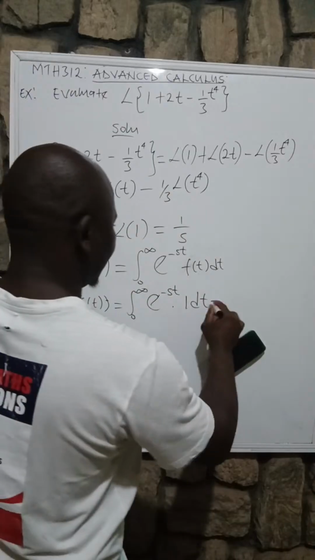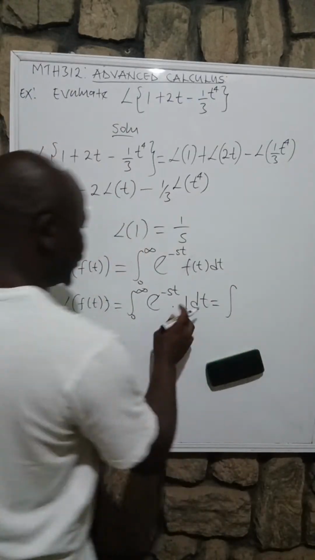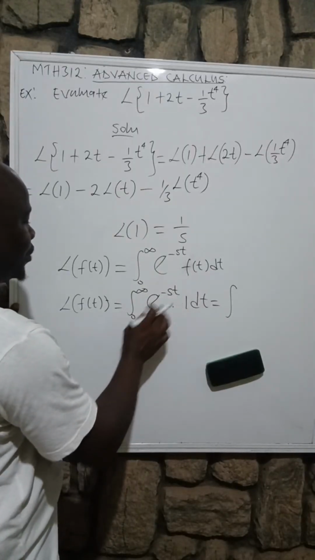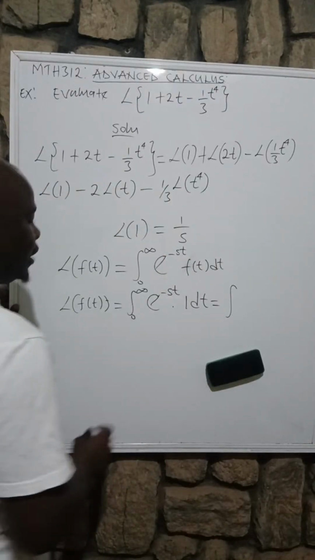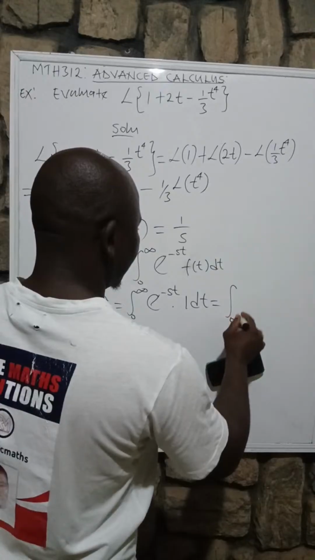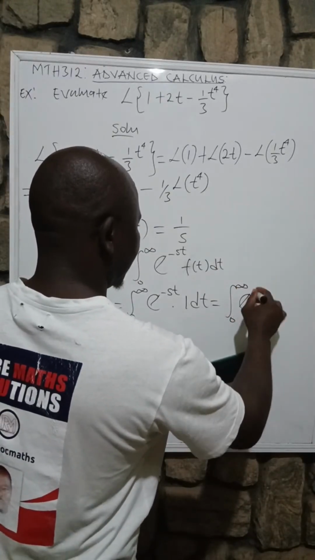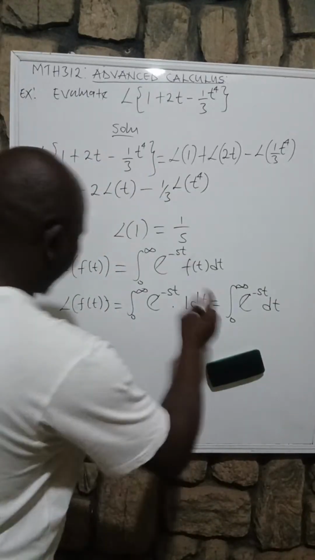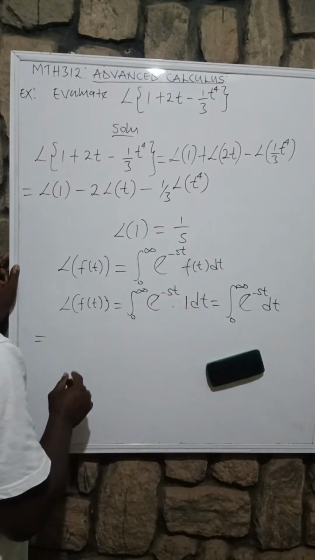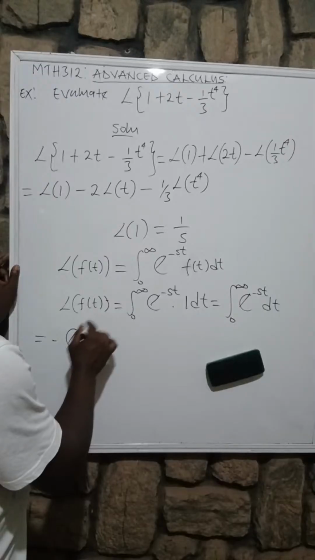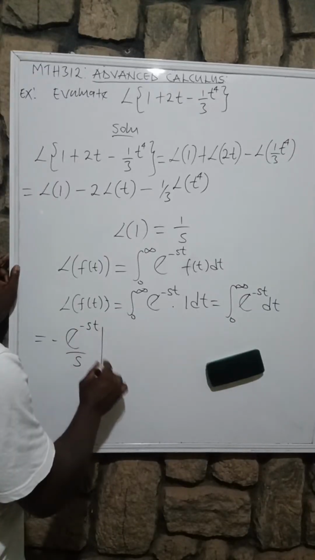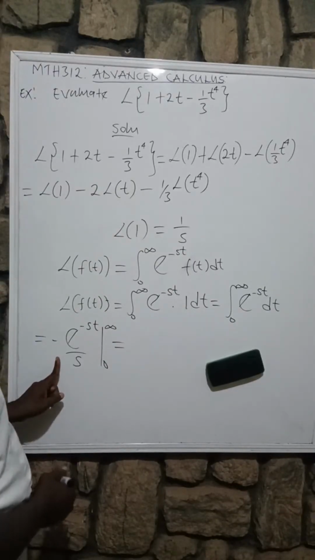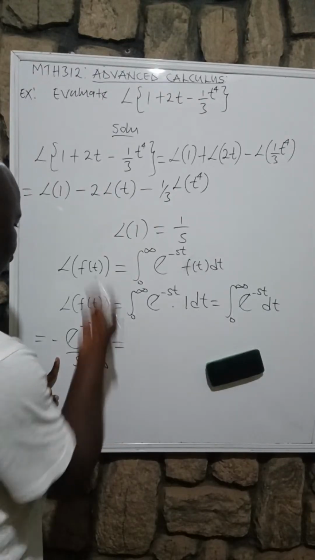So this is the same thing as the integral from 0 to infinity of exponential minus st dt. So by the time we integrate this function, we are going to have minus exponential minus st all over s, from 0 to infinity.